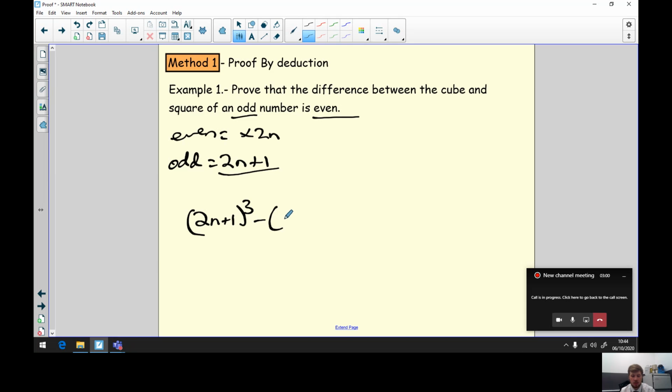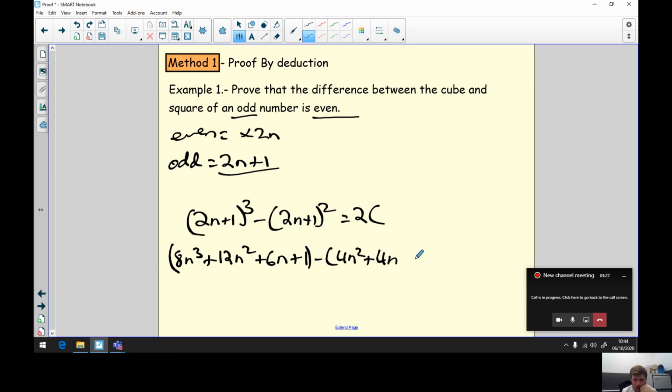I'm going to work out what this is. (2n+1) cubed is going to be 8n cubed plus 12n squared plus 6n plus 1, take away 4n squared plus 4n plus 1.